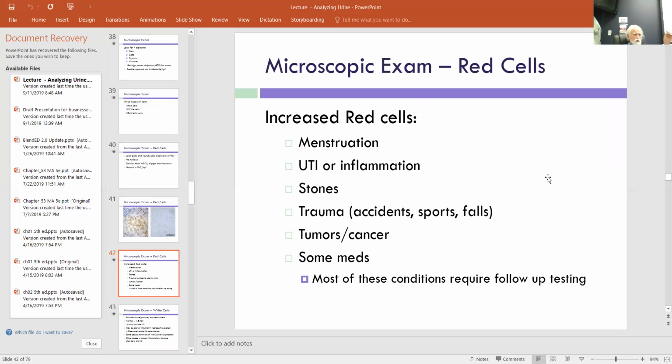Anytime you see these things, with the exception of a patient who's menstruating, you find out later, oh, well, I'm menstruating. Thank you very much for that information. We should have had it first. Beforehand. Yep, should have had that already. But then you have to retest. But with any of these others, when you see red cells showing up, there needs to be some further testing and questioning before you go on.